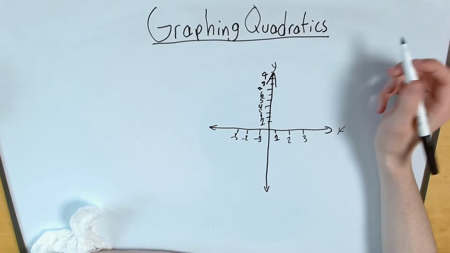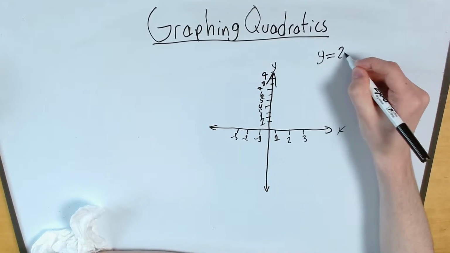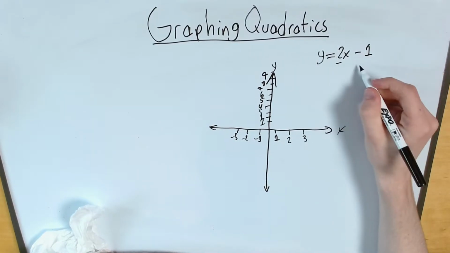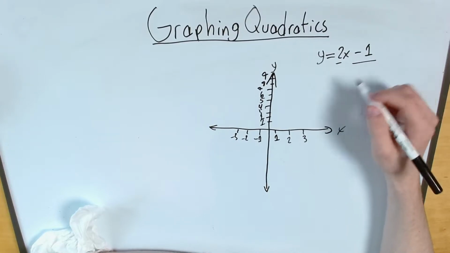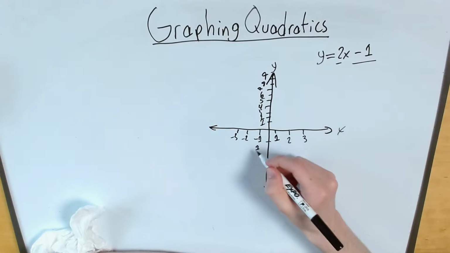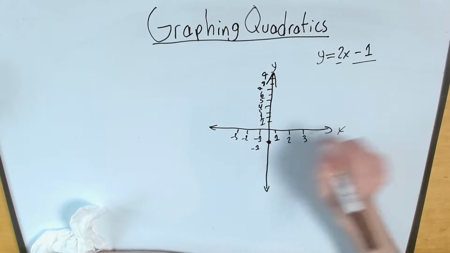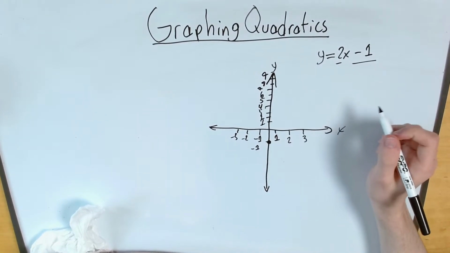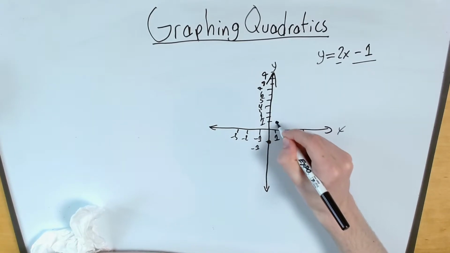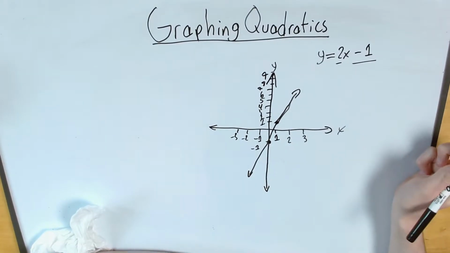So if we were graphing, say, a linear equation, we write it as y equals, let's say, 2x minus 1, where this number 2 here is the slope, and this number negative 1 here is the y-intercept, which would mean that this line touches or crosses the y-axis at negative 1, right? And if we were to graph this, it'd be up 2 over 1, so the line for this equation would look something like this.